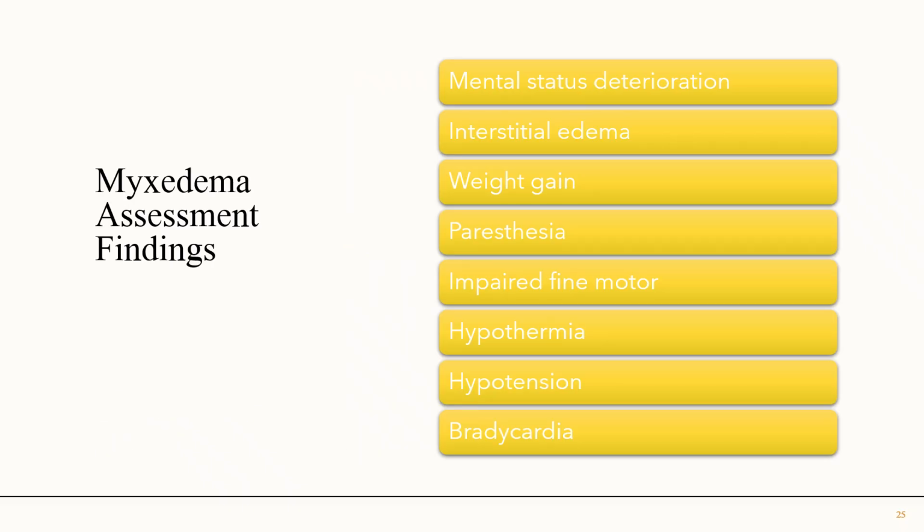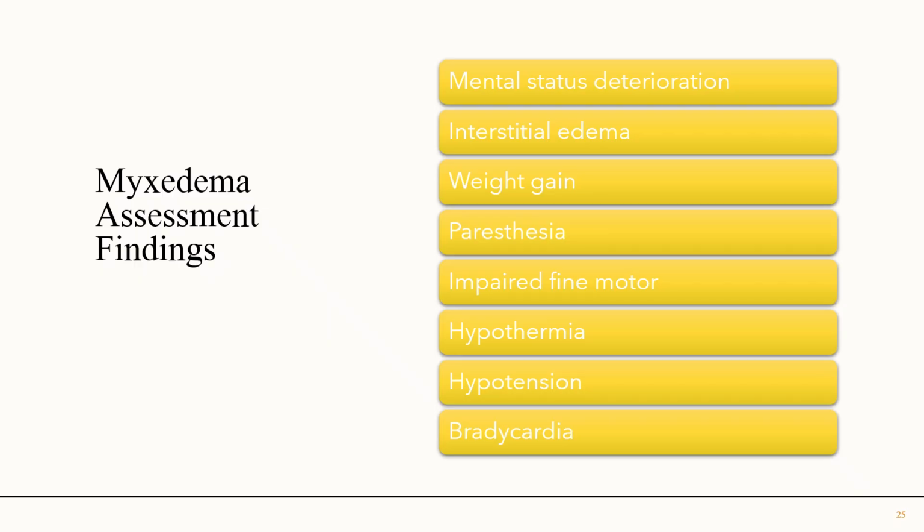The diagnosis of hypothyroidism that is end stage, including myxedema coma, is made from the patient's clinical presentation. As thyroid hormone levels decline, patients develop progressive signs of reduced cellular activity, including depression and slowed mental processes.